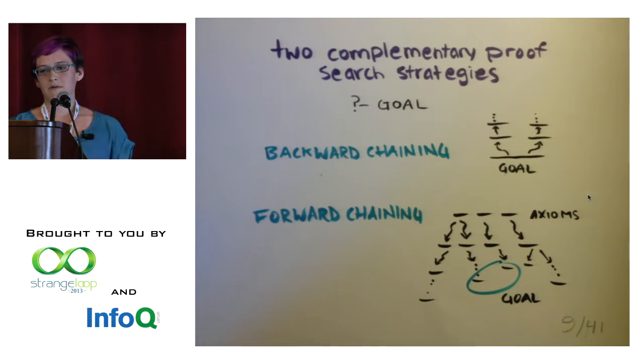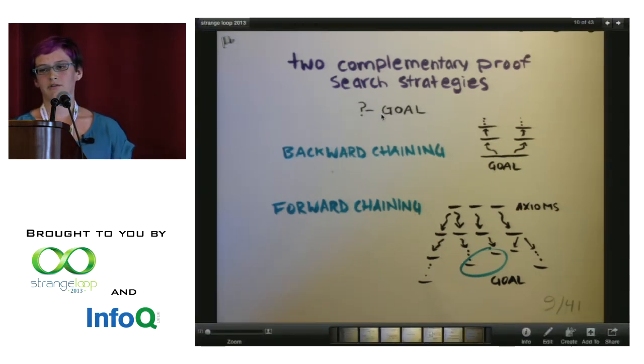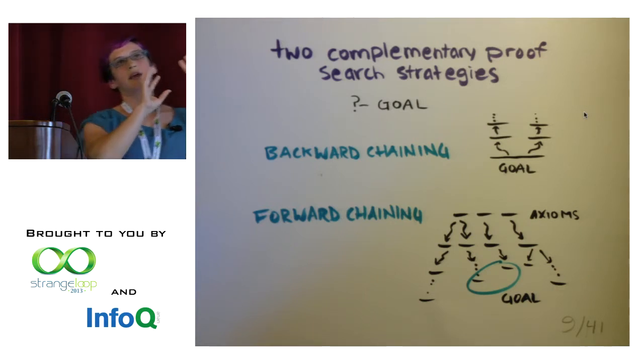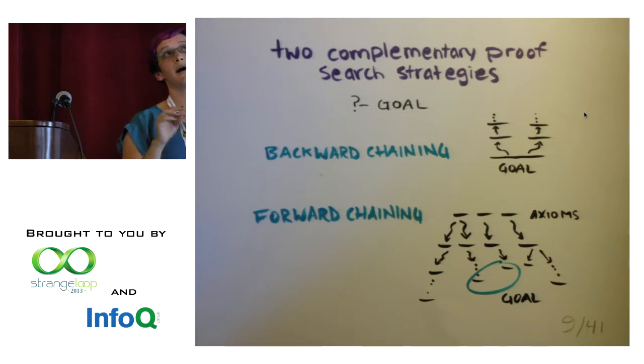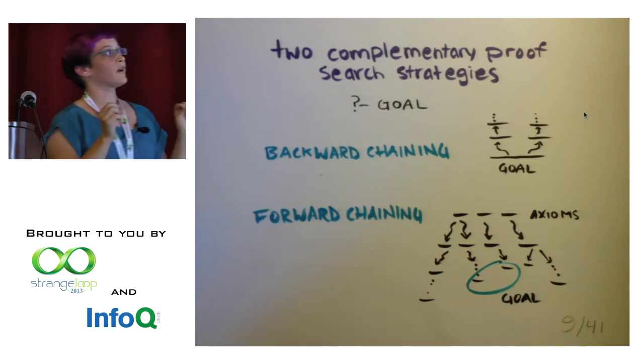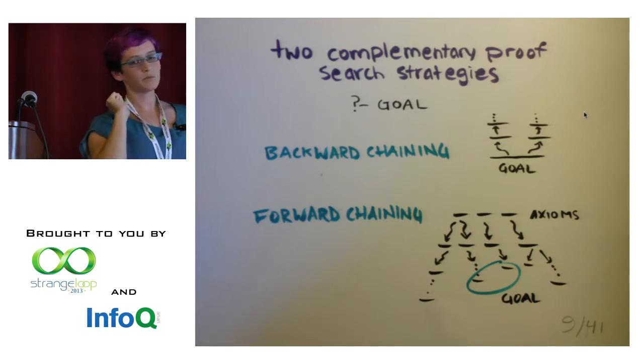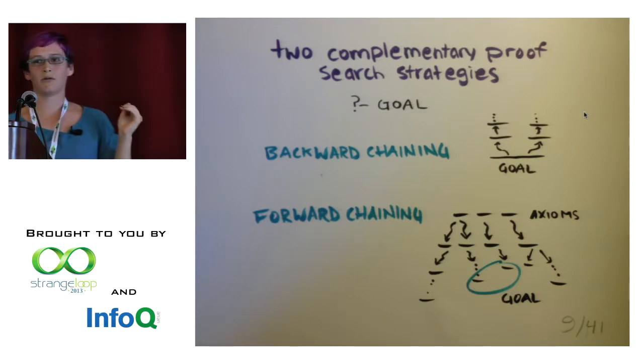If we run a query, this question mark dash syntax again is what I'm using for queries, trying to search for some goal, then in the backward chaining setting, we'll look at that goal and start working upward. We'll start saying which rules in my program match that goal, and then try to solve recursively for those subgoals. That's the way Prolog works.